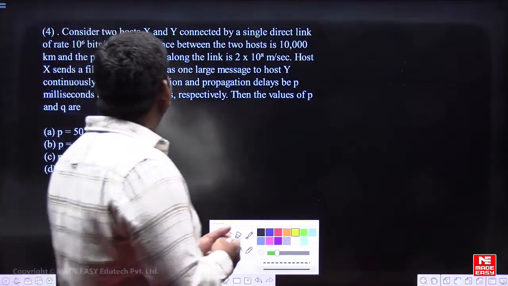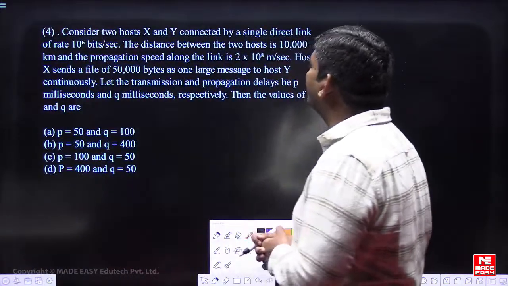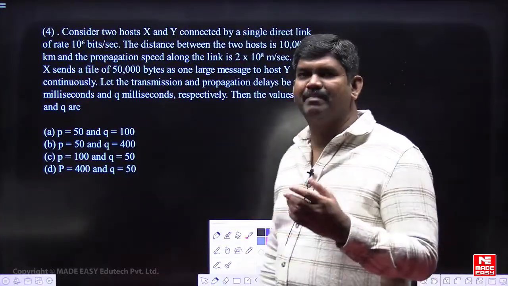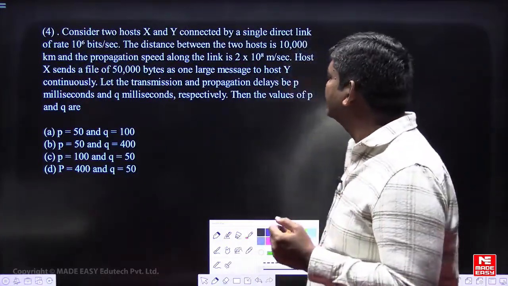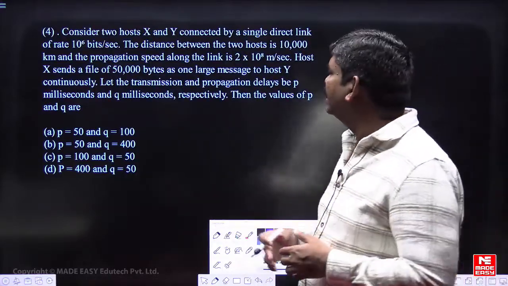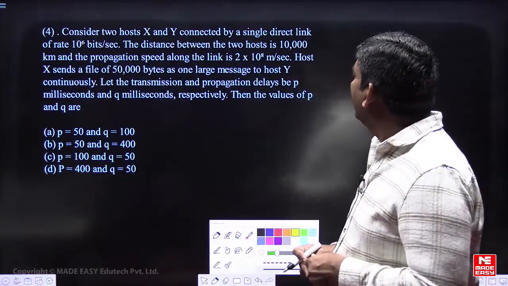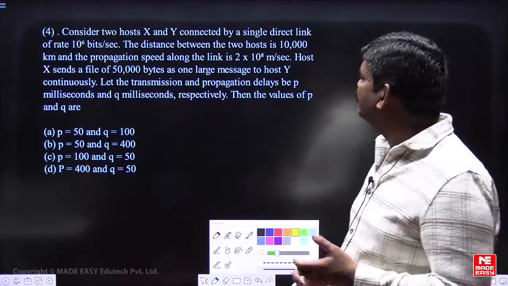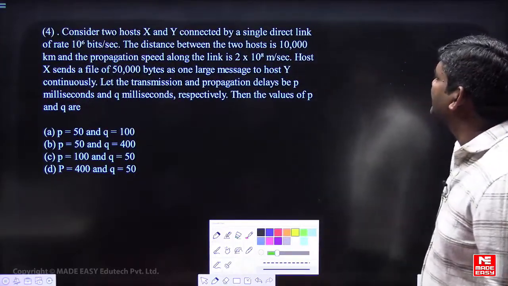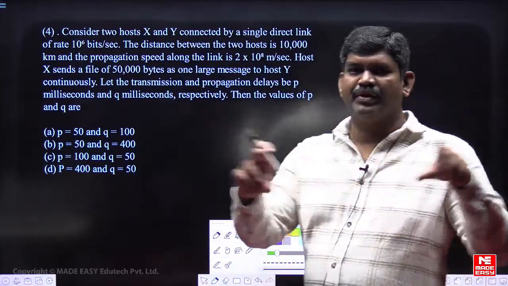Connected by a single direct link of rate 10 power 6 bits per second. That means they have given the bandwidth of 10 power 6 bits per second. The distance between these two hosts is given as 10,000 kilometers, the length. The propagation speed of the link is 2 into 10 power 8 meters per second, the velocity of the medium.